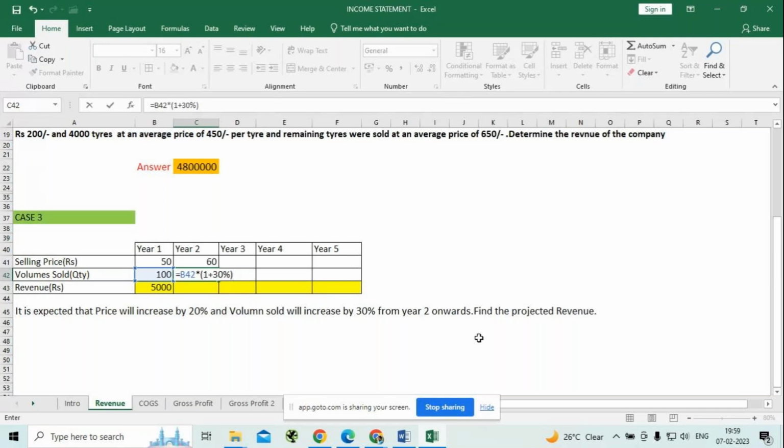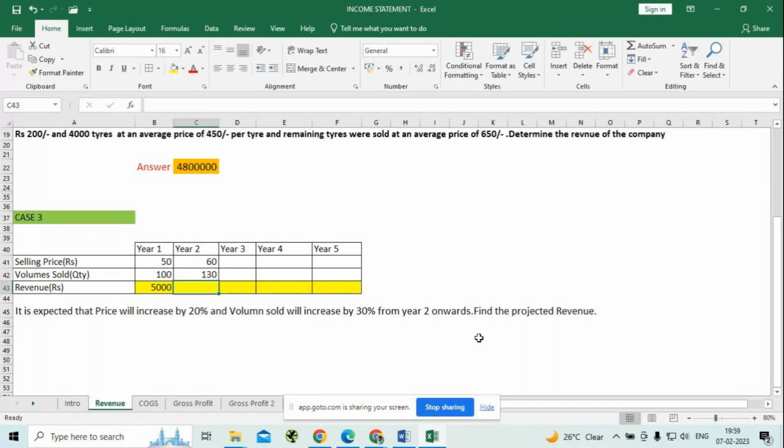So instead of taking B42 twice, I have made it as one common into 1 plus 30%. So the increase percentage I have given and I'll press enter.